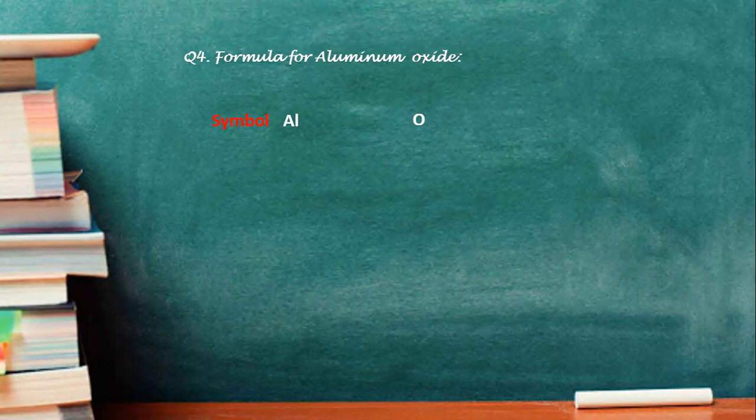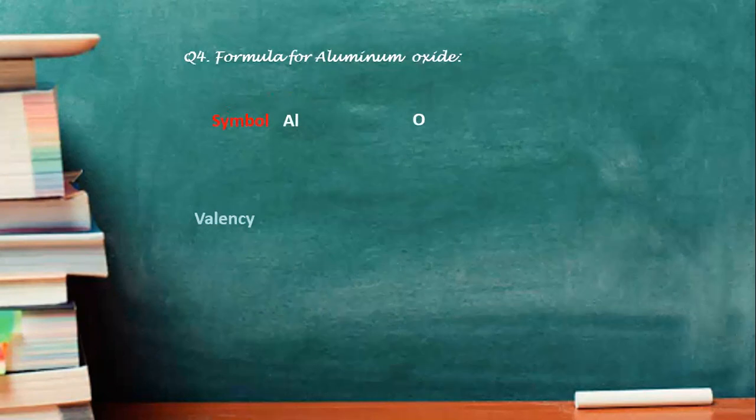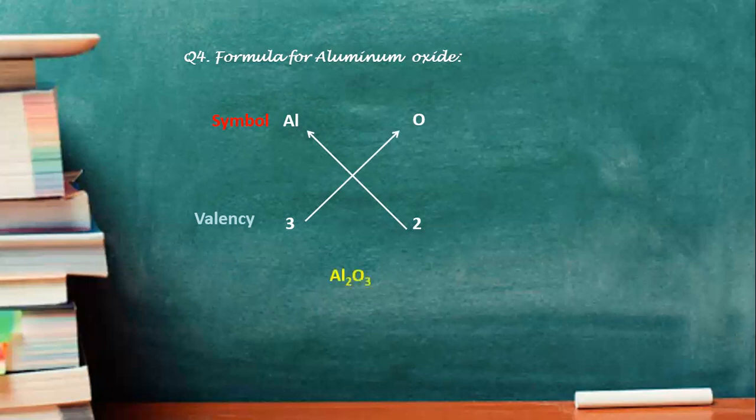Aluminium की valency है fixed 3 and oxide का valency is 2. So Al के नीचे लिखेंगे 3 and oxide के नीचे लिखेंगे 2. Then we crisscross. So Al के पास 2 आ जाएगा, oxygen के पास 3 आ जाएगा. So the final formula becomes Al2O3. So that is the formula for aluminium oxide.